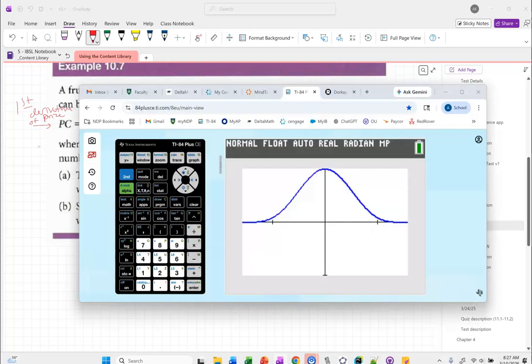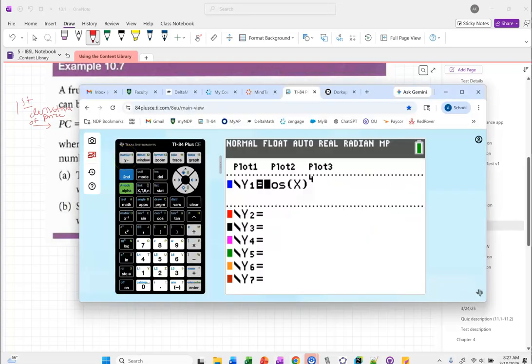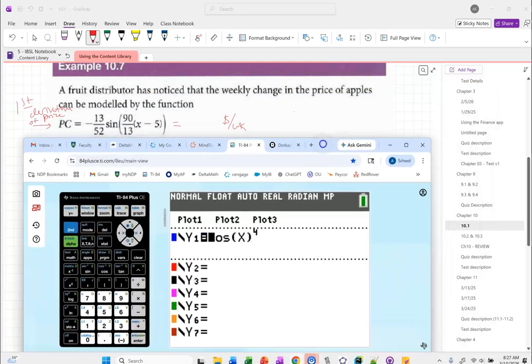That's y equals. Now, I just moved you so I could see this thing. And then I need negative 13 divided by 52 times sine of 90 divided by 13 times x minus 5.